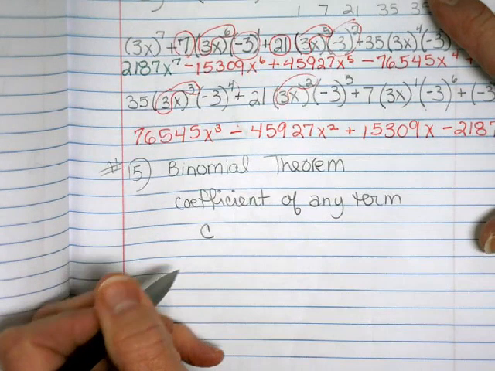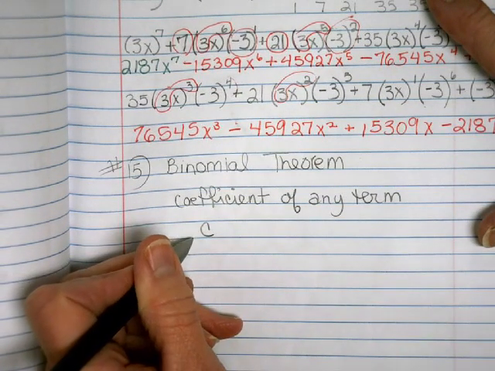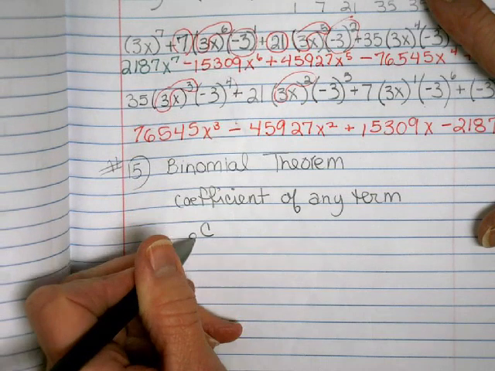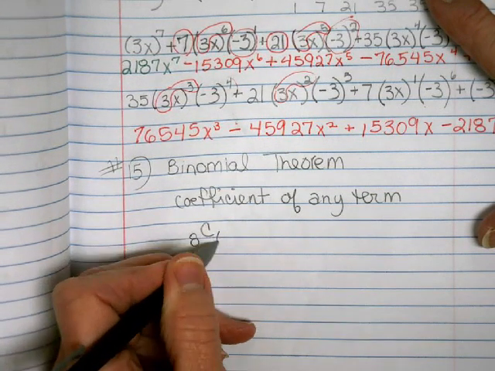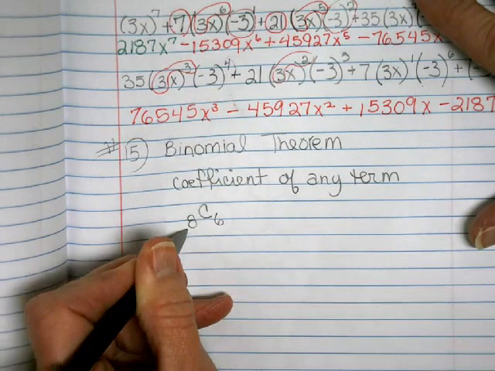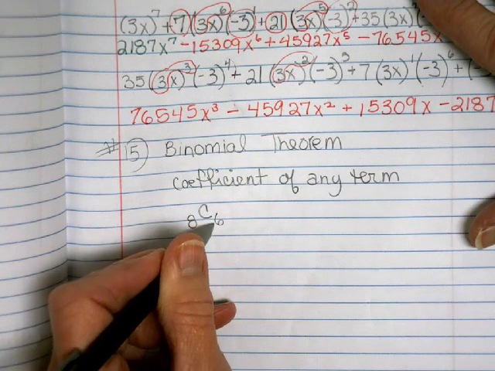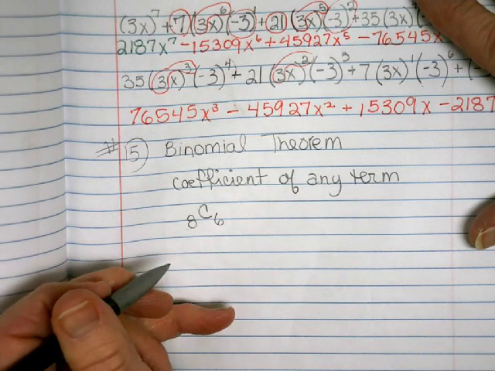Okay, let's say I'm going to find 8 choose 6 or something like that. I want to know how many ways I can choose 6 objects out of the 8 that are sitting there. The order doesn't matter.